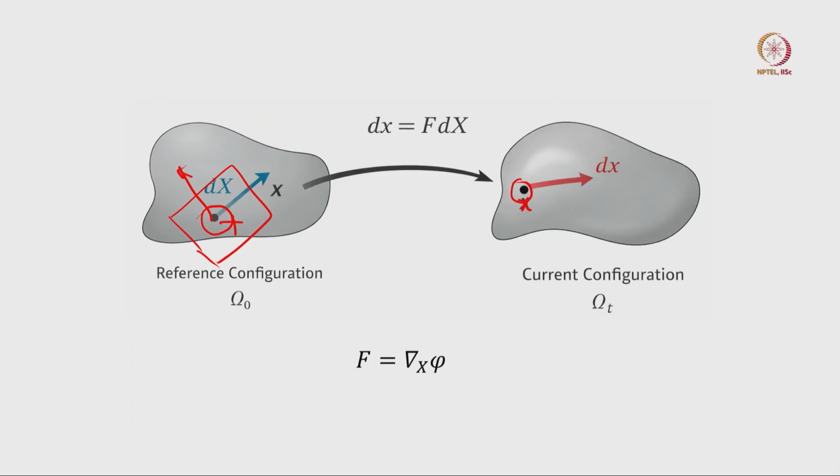That means if you multiply the deformation gradient with the vector dX, then you get the vector dx, right. So in other words, this follows directly from this definition, right, that F is basically the deformation gradient, that is the gradient with respect to capital X of the deformation map phi.